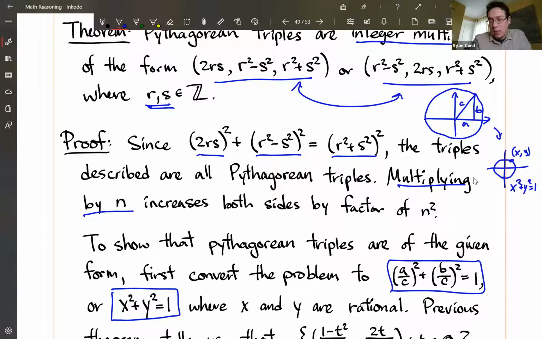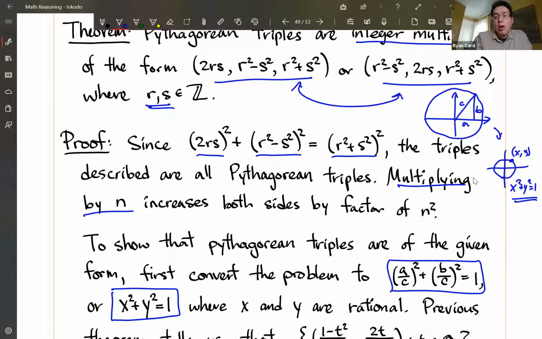So there's a benefit and a drawback to looking at it this way. One big benefit is that you reduce the number of variables by one. So a, b, and c were three different numbers we had to deal with. x squared plus y squared equals 1 is only two variables. So now it's easier to get a handle on what the solution looks like.